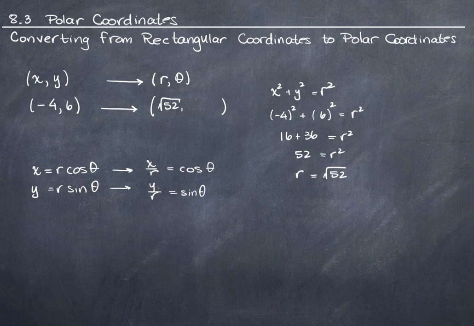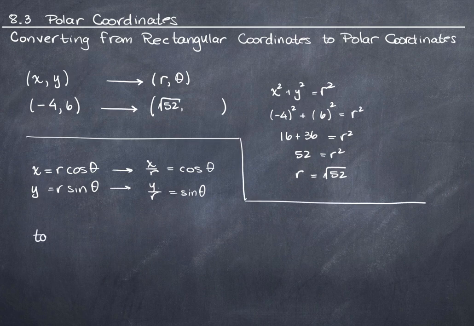And then I'm going to make the observation that tangent of theta is equal to sine of theta over cosine of theta. And in this case, that's y over r over x over r.